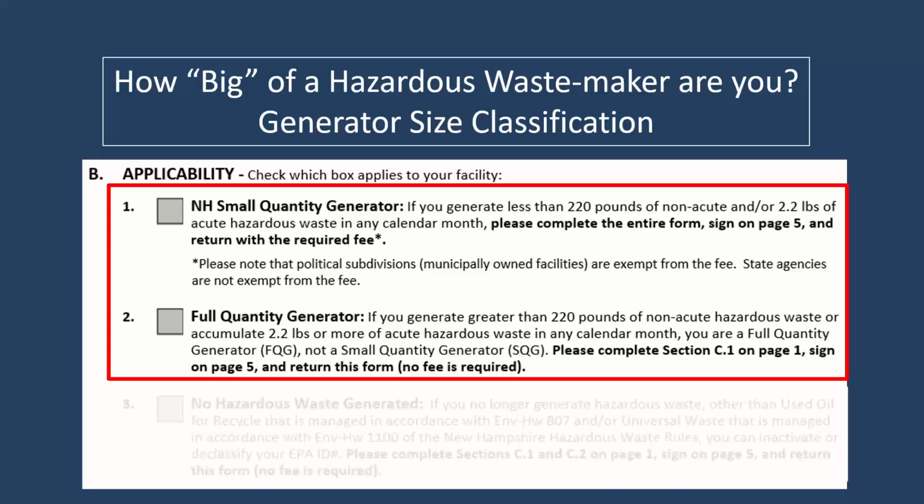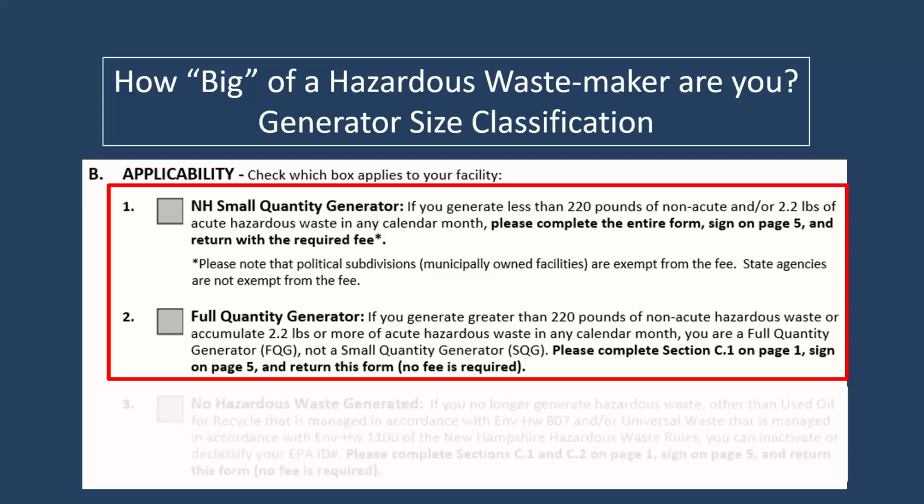If you received this form, then our records say that you are a small generator. But your generator size can change over time, so we're checking to make sure things are still the same for you. If you aren't sure what generator size your business is, you can review our presentation titled, "What is your generator size?" on our YouTube channel to help figure this out.